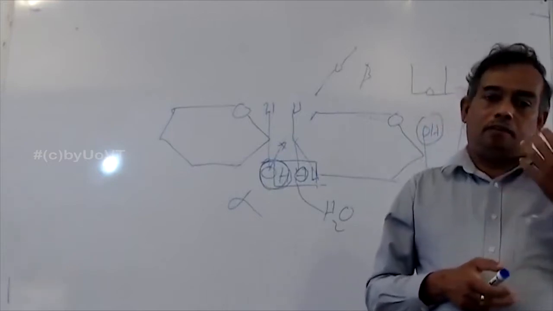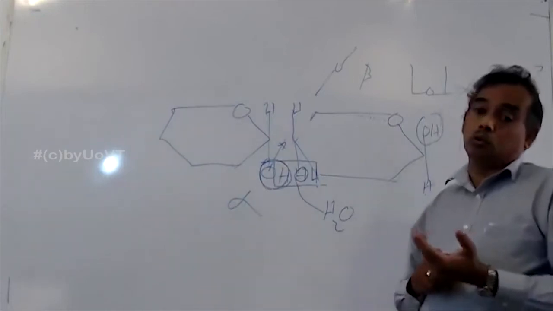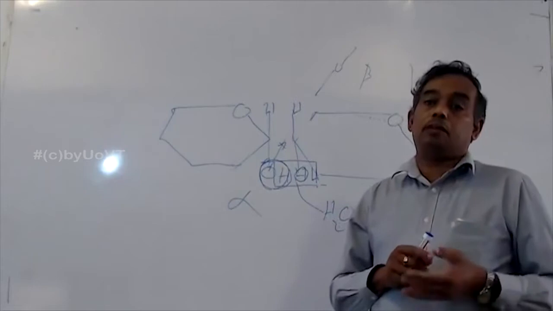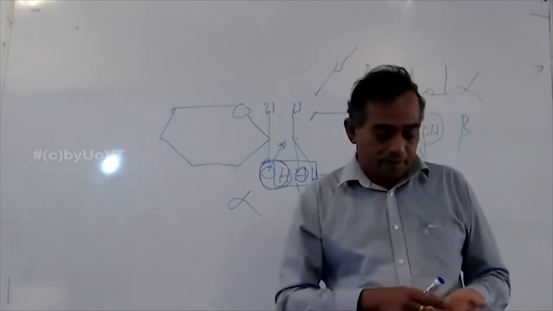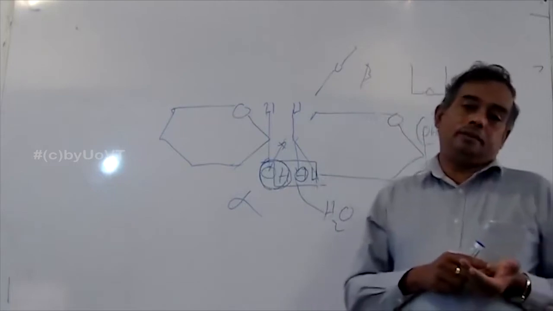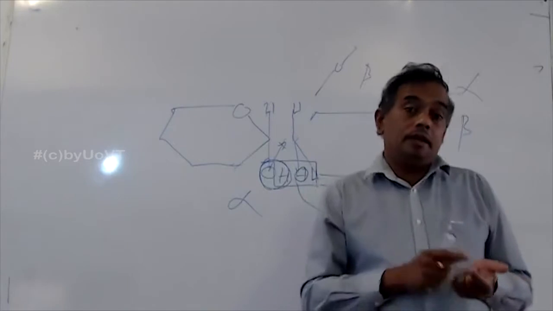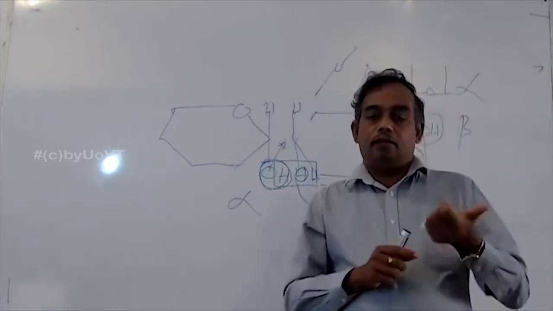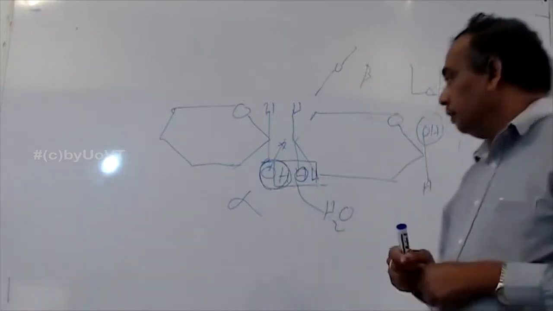So, very famous examples are sucrose. I think you know what sucrose is. What are the monosaccharides available in sucrose? Then maltose, then lactose, then trehalose. These are examples of disaccharides.